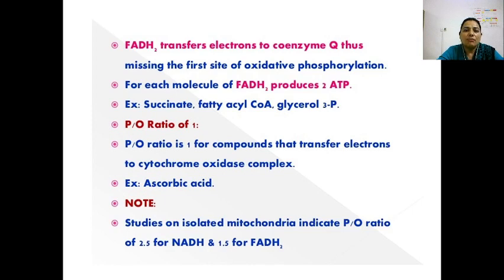P/O ratio of 1 is for the compounds that transfer electrons to the cytochrome oxidase complex, that is ascorbic acid. Note that studies on isolated mitochondria indicate P/O ratios of 2.5 for NADH and 1.5 for FADH2.